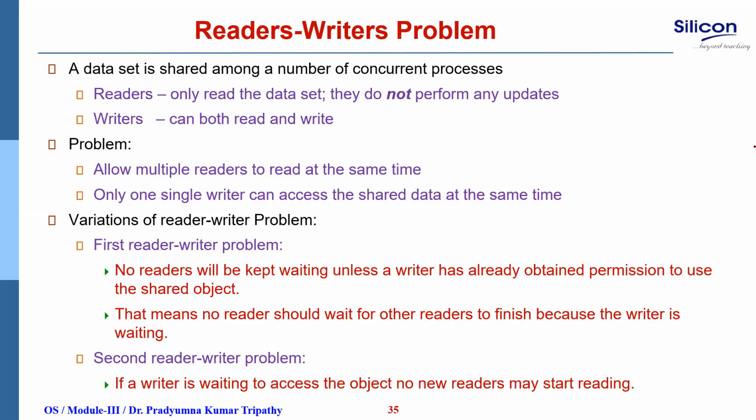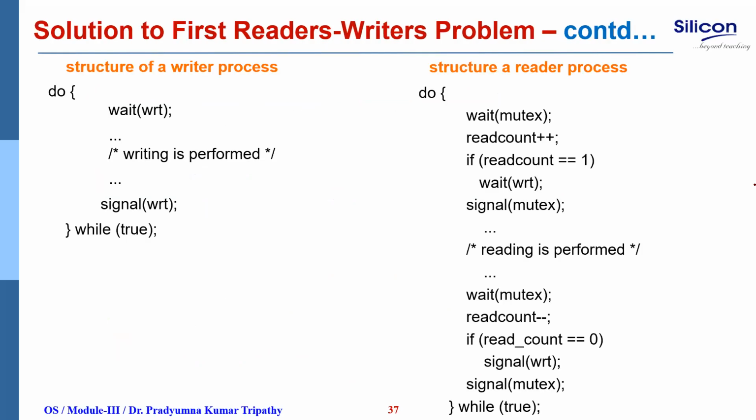So I am just calling the absent roll numbers: 2, 18, 20. 18 is present now. 24 is present now. 57 is present now. Okay.